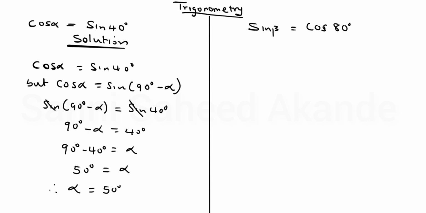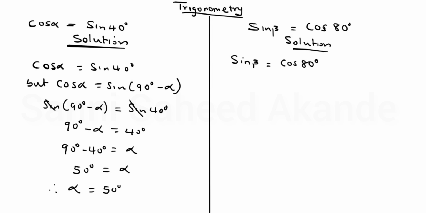As simple as that. Well, let's take a look at this second one. The question says sine beta is equal to cos 80 degrees. Solution. Now, let me write the question first: sine beta is equal to cos 80 degrees.